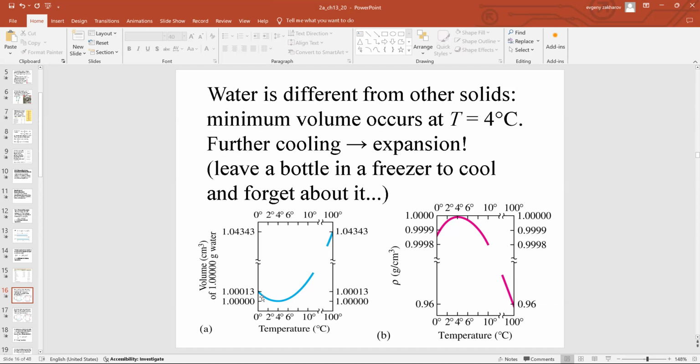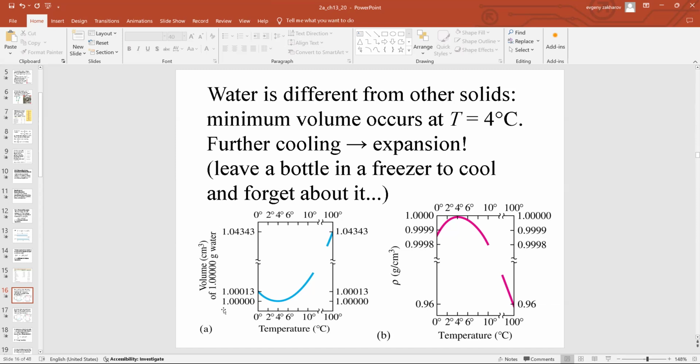This little property has saved life on Earth through ice ages. Remember how it was just fish and sea life that we all come from, and those simple organisms were able to survive inside, say, a lake.